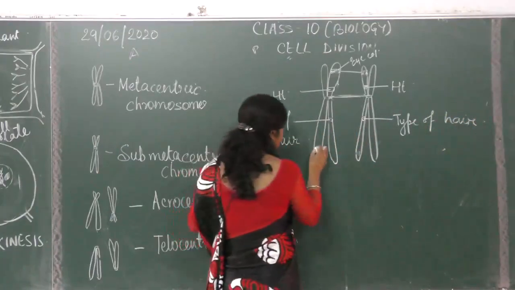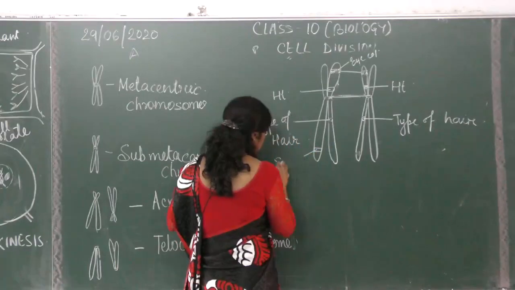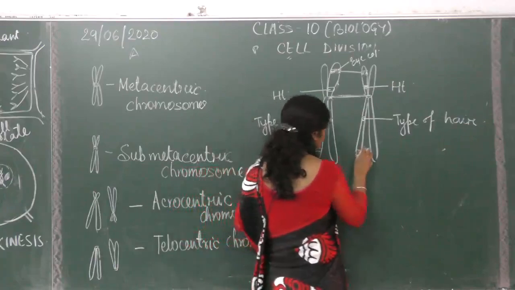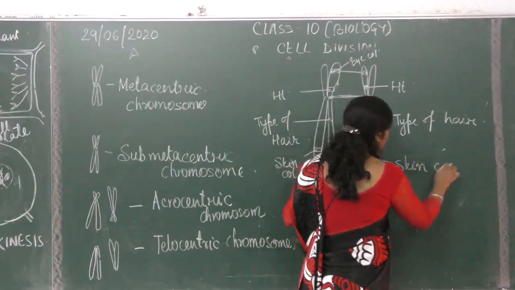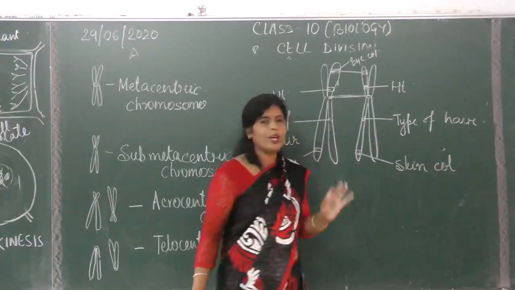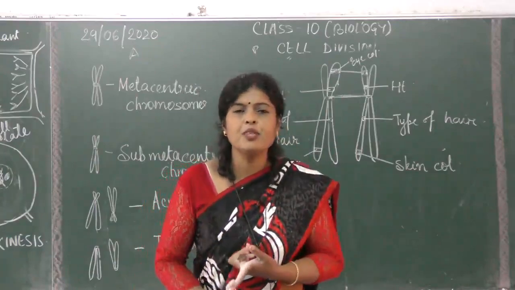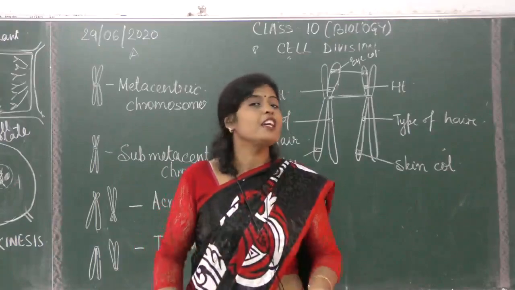And suppose this is a gene which is controlling your skin color. Again, a wrong example. Here this is a gene controlling skin color. Since we are just starting with genetics and cell division, I am giving you certain characters which are common and which have a lot of variations.